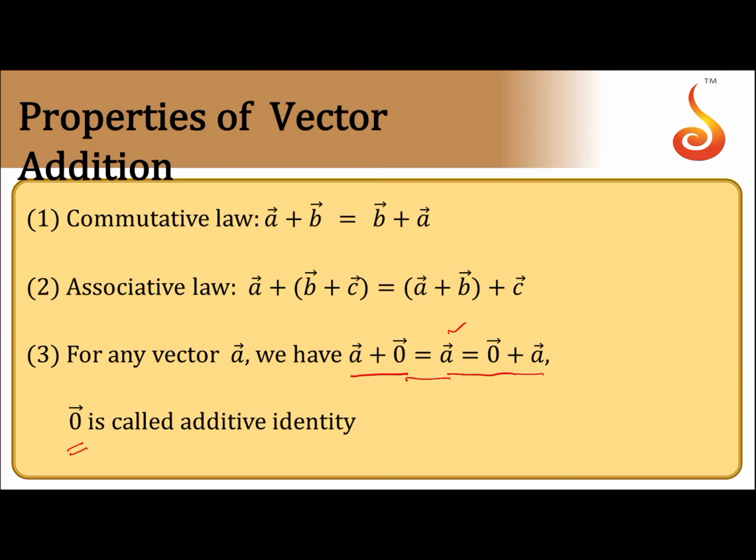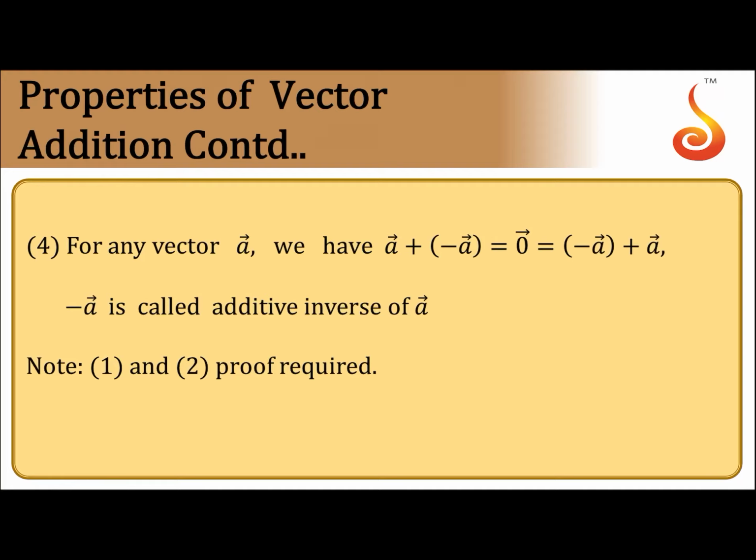Of these three, the first two are the most important properties, the commutative law and the associative law. We'll try to prove the commutative law and the associative law based on addition of vectors. Okay, we'll take up that. First, let us complete the fourth property also.